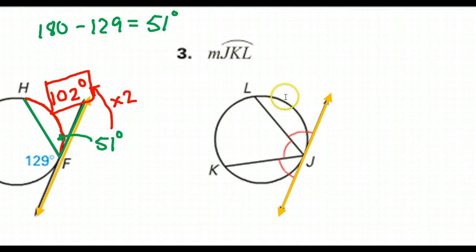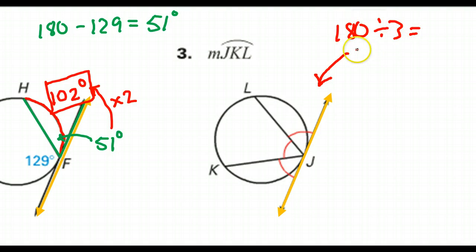So I can just go ahead and do 180 divided by 3, and that should give me each of these 3 angles. Okay, so clearly that's going to be 60. So each of these angles are 60. So this is 60, 60, and 60. So keep that in your brain.